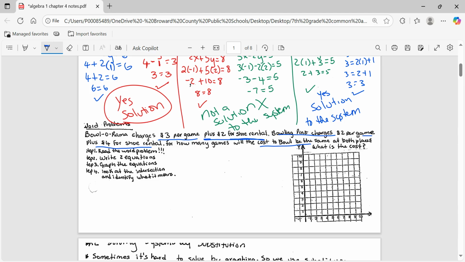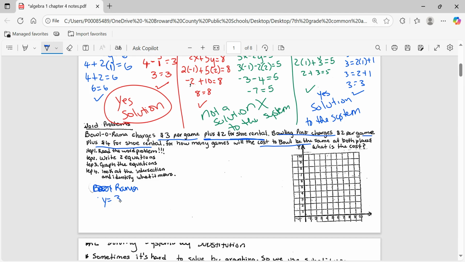We're going to write 2 equations. So let's see, we have Bolorama, let me call this just Rama. Here's Rama. Bolorama charges $3 per game. That's every game. That is the change in. That is going to be our slope.